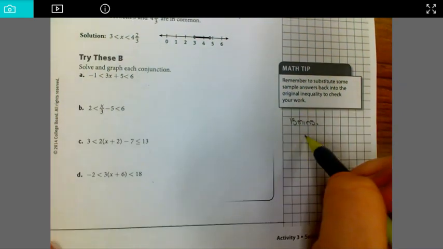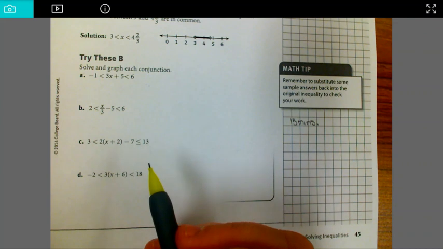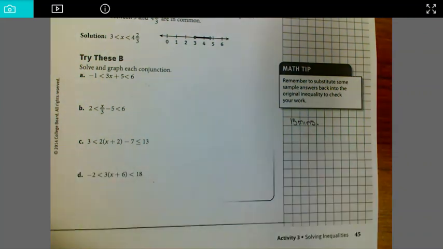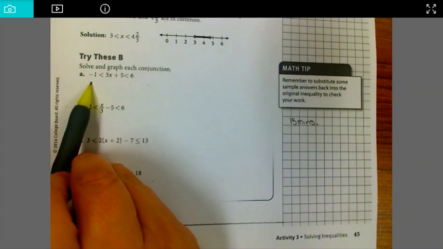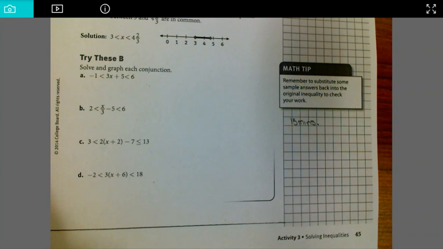So again, I would take the next 15 minutes or so to work through the questions. And then when you get to the next slide, you're going to be doing a matching, the inequality that's given to the graph that has the solutions. Good luck.